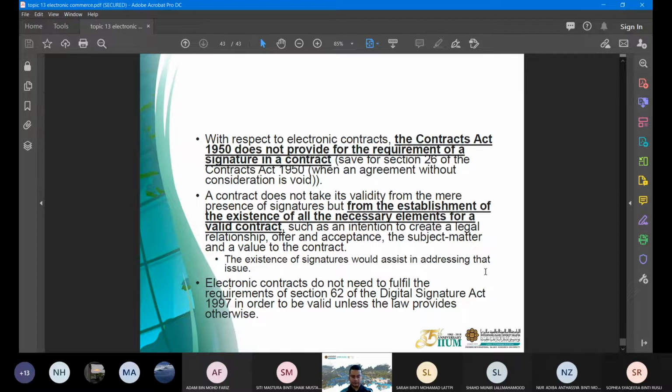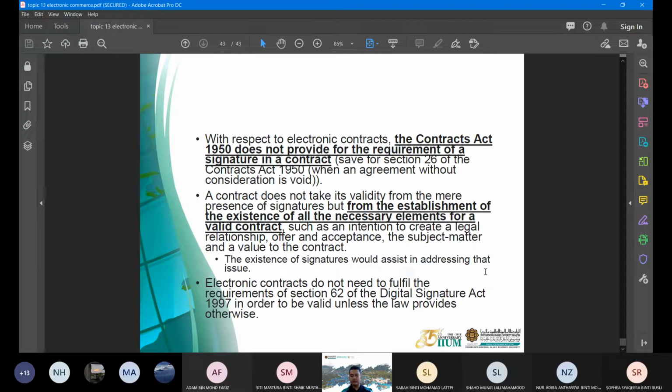And then when we want to conclude a contract, the issue of signature comes in. For a simple contract that requires offer and acceptance, a digital signature is not a requirement. You can just use the E-Commerce Act, meaning you can just sign. If you want to use an X or any symbol, you can, and that can validate the contract.